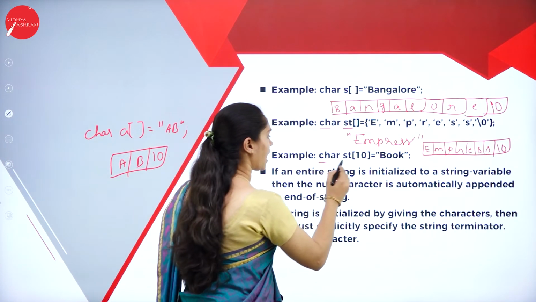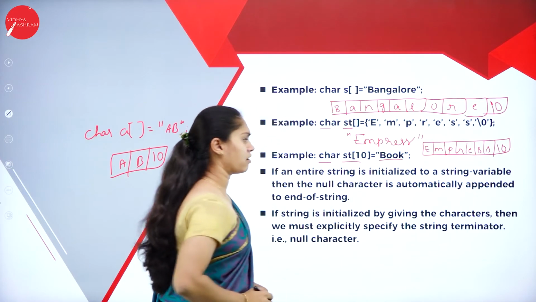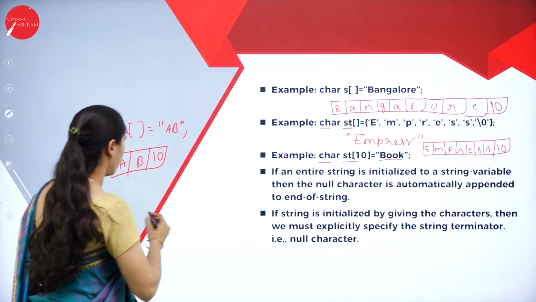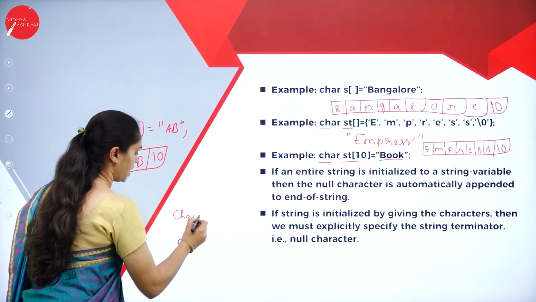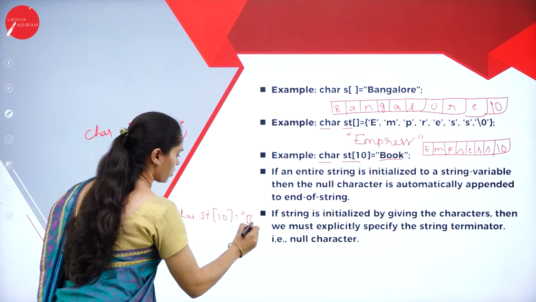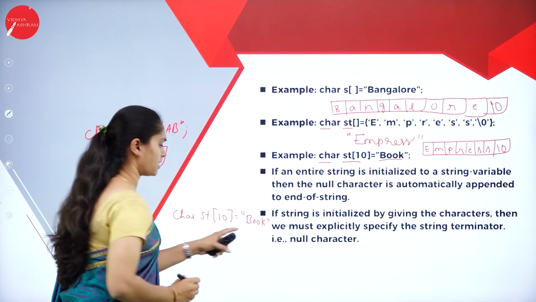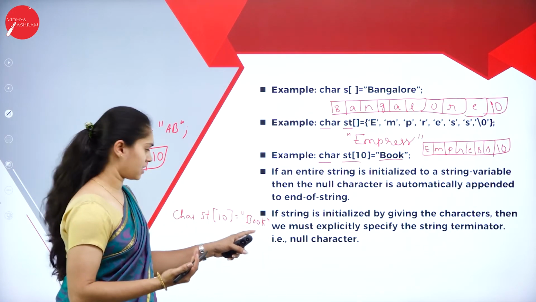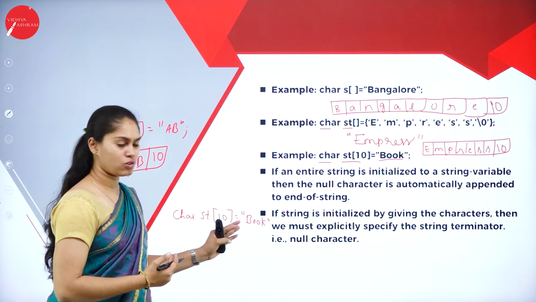Next, we have char st[10] and the value is "book". How many characters do I have here? I have only 4 characters, but I have taken a size of 10.